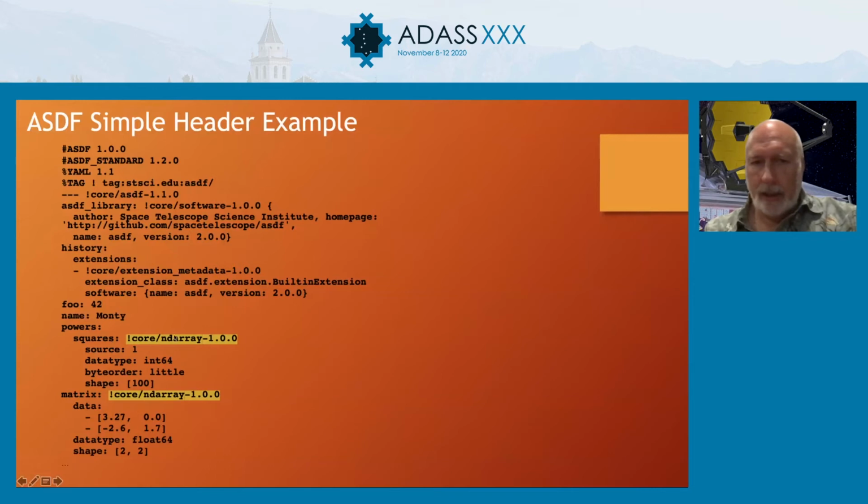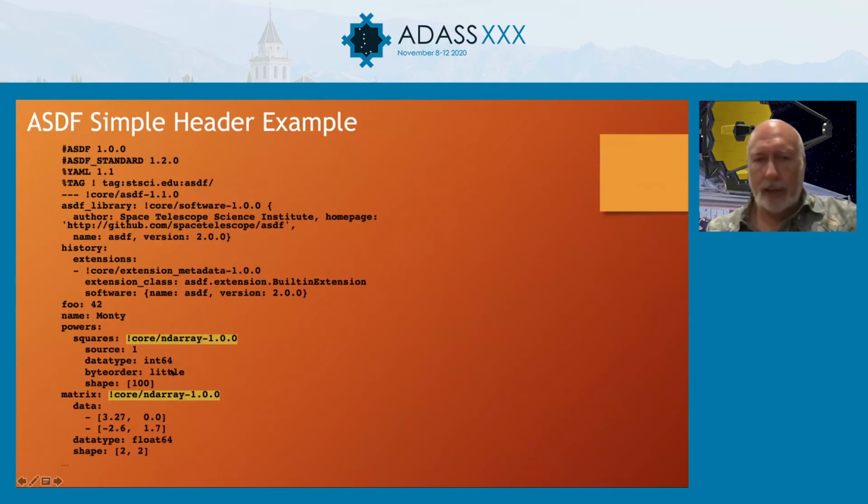The thing I want to highlight here is, for example, under powers, there's something called squares. And this item here is a YAML tag. And a YAML tag is used to indicate that what follows is to be interpreted in a special way. This is essentially typing information. And in this case, it's saying what follows describes an array. And the information, in this particular case, is a binary array.